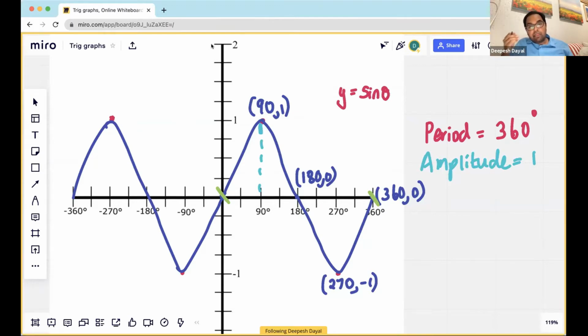Focusing only on the one that I've drawn here. What is the range of the graph? Focusing only on this one that you see on the screen. There can be many other sine graphs and things, but this one that I've got, y equals sine theta. What is the range of this graph?